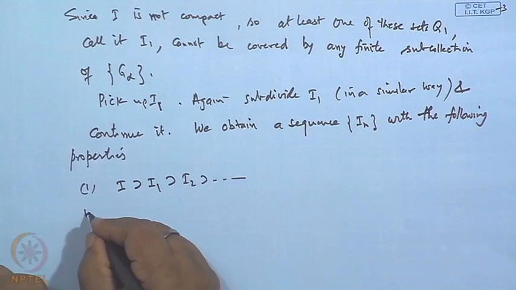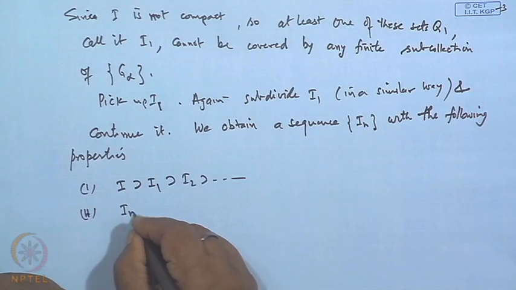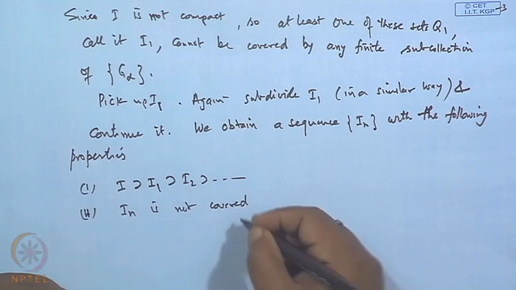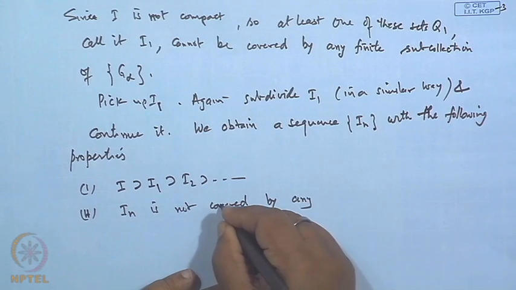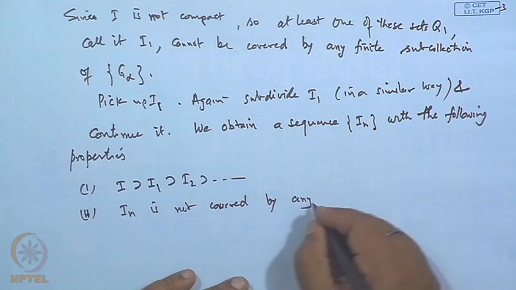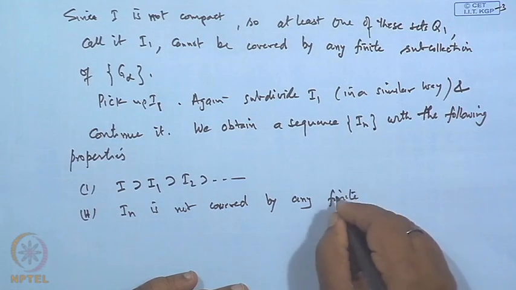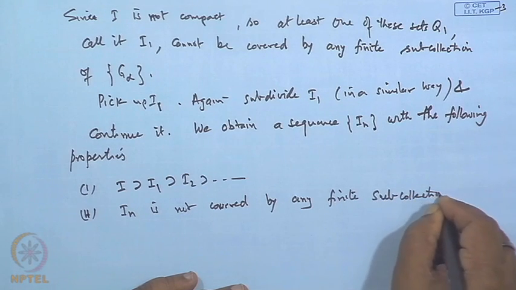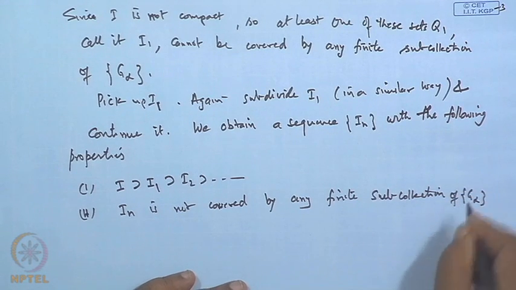The second is that I_n is not covered by any finite subcollection of the cover G alpha.